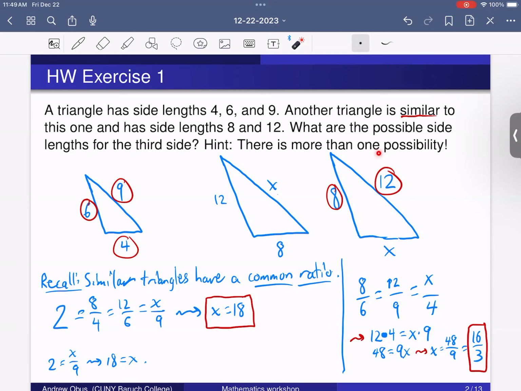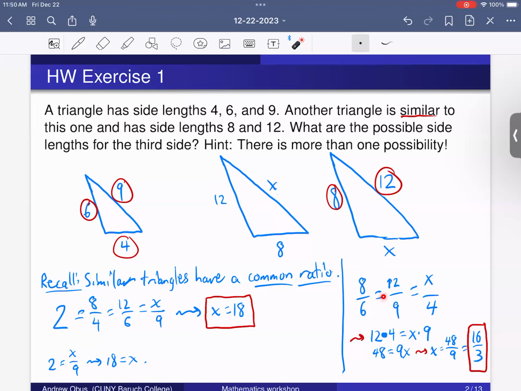So for this triangle and this triangle, we can look at the ratios 8 over 6, x over 4, and 12 over 9. We need all of those to be equal for the triangles to be similar. So 8 over 6 equals 12 over 9. That's fine, right? Both are equal to 4 over 3, or you can cross multiply and get 72 equals 72.